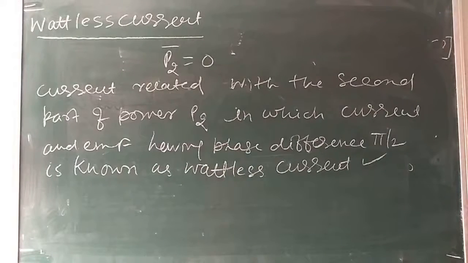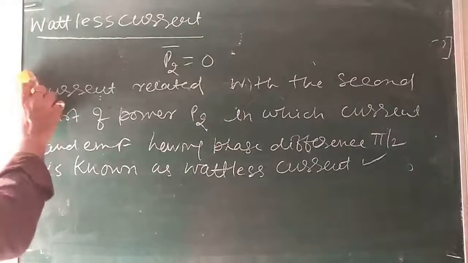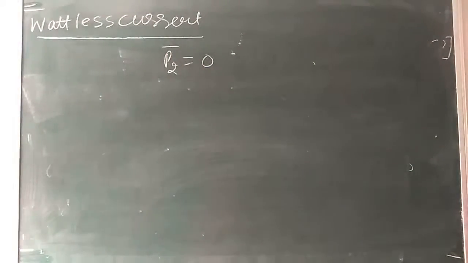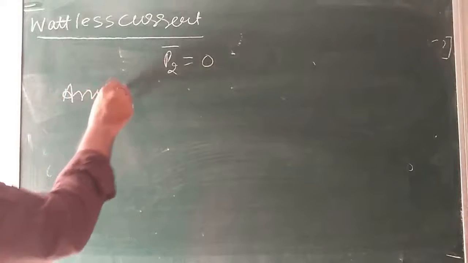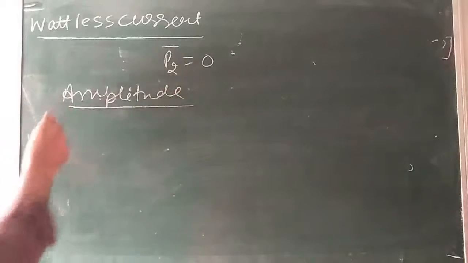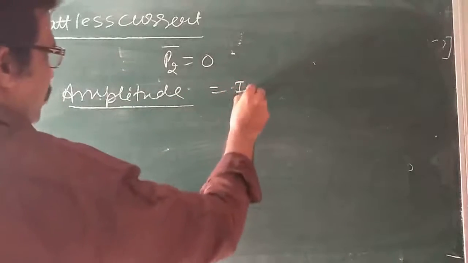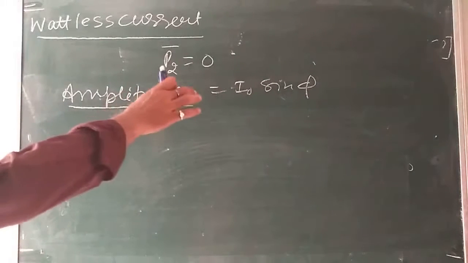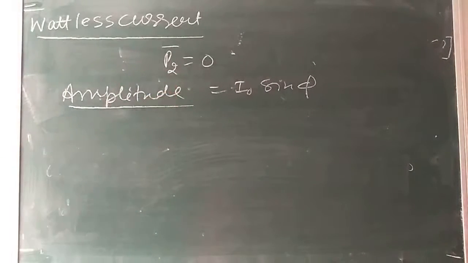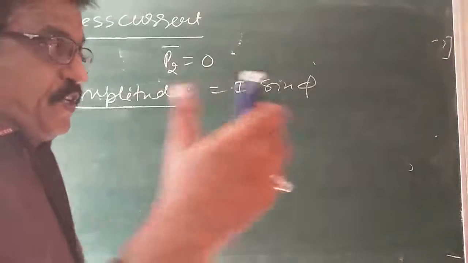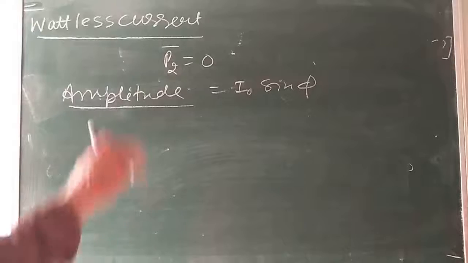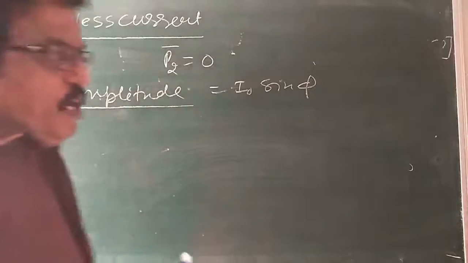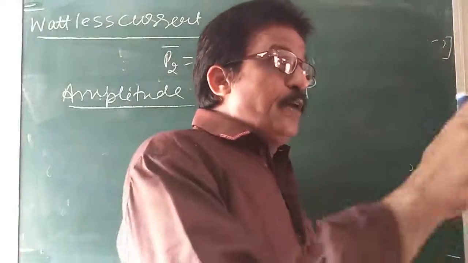So the amplitude of wattless current, see our second part of the power. The amplitude of the wattless current is equal to I naught sin phi. If the circuit consists of either inductance only or capacitance only, having no ohmic resistance, then the phase difference phi between the voltage and the current is pi by 2.